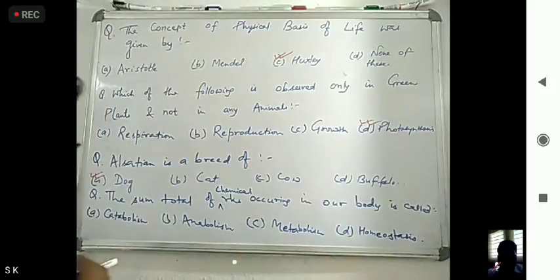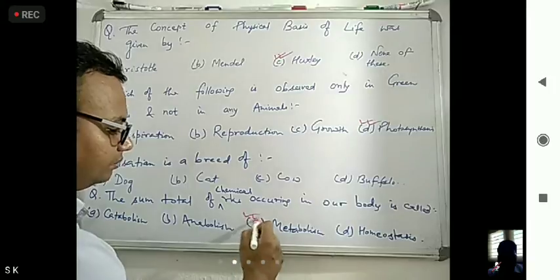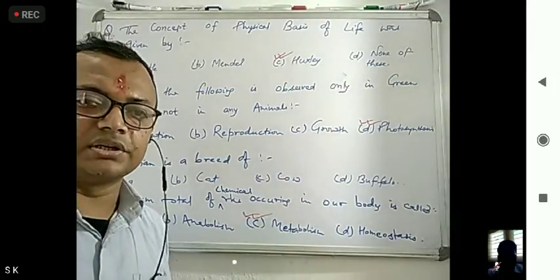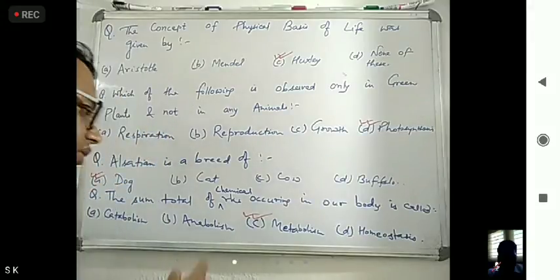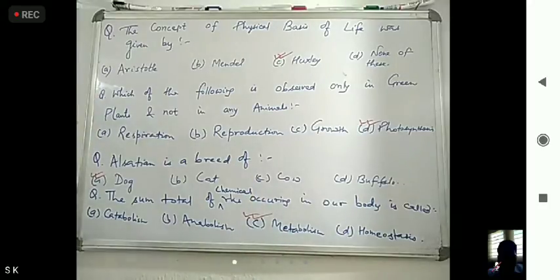So what will be the answer? Catabolism means breakdown. Anabolism means formation, and this combined form is metabolism. Homeostasis means balancing between external and internal environments. So the sum total of chemical reactions occurring in our body is known as metabolism. Now come on, next question.